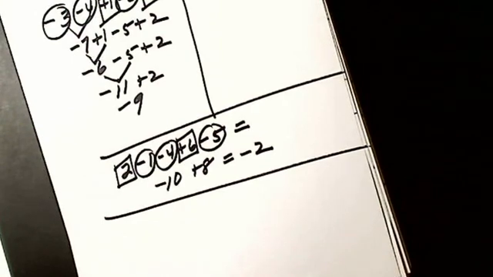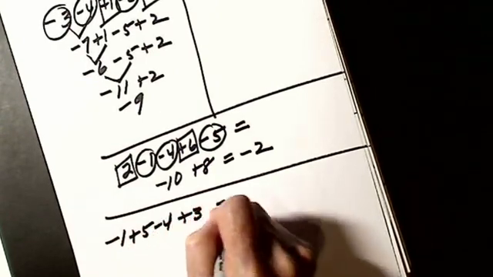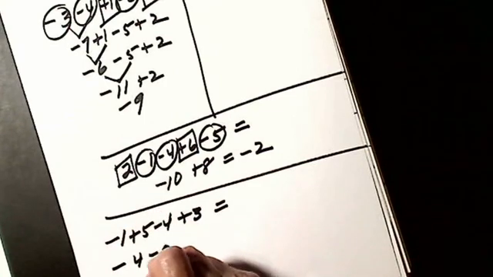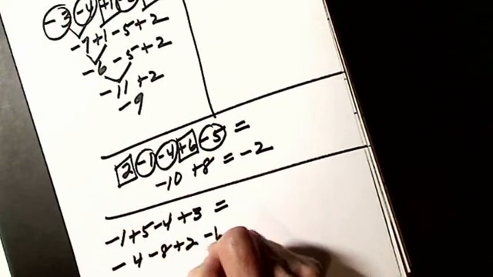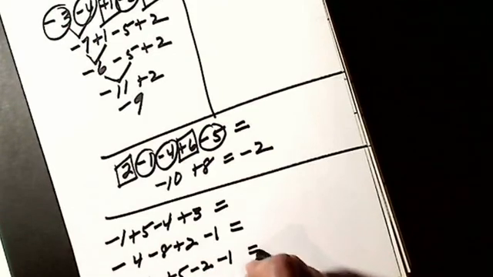So let's just do a couple of those. -1 +5, -4 +3, -4, -8 +2, -1. And one more. -6 +5, -2, -1.